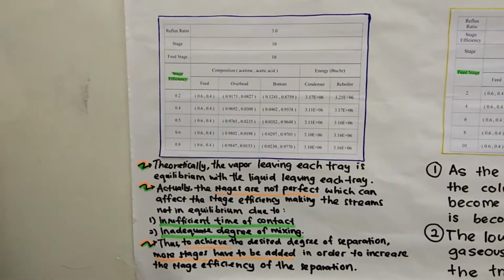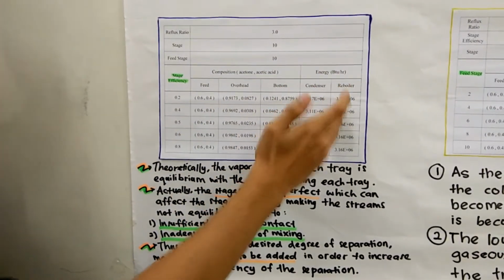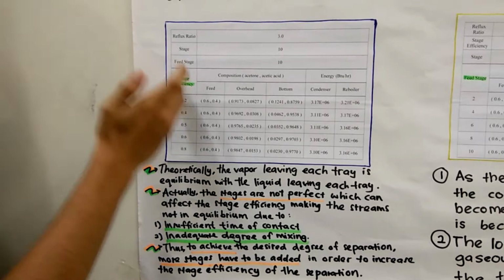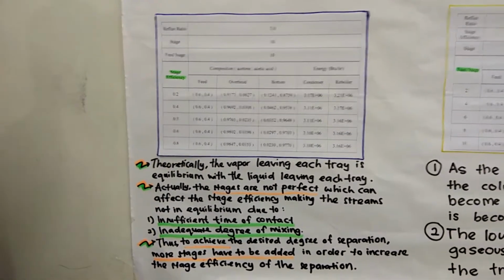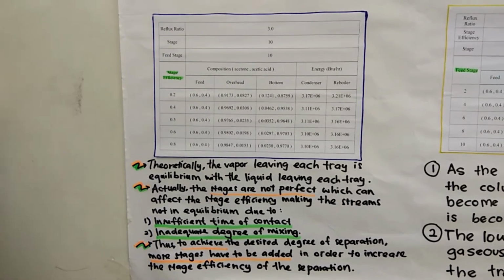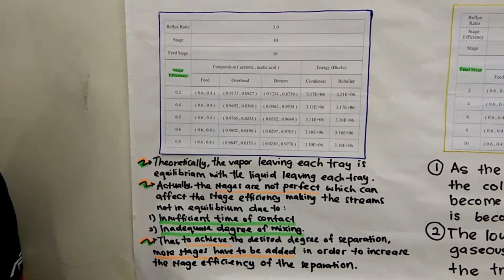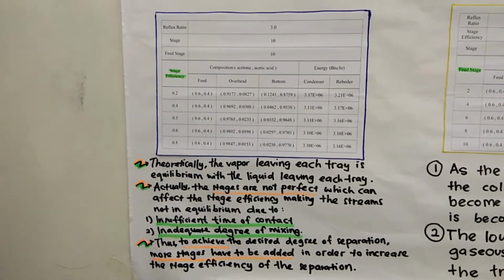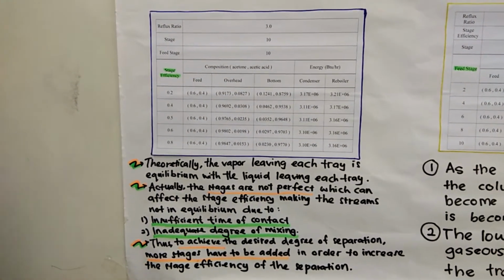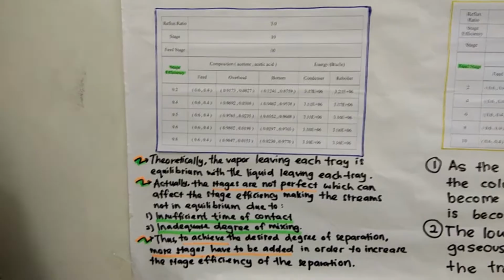The energy of the condenser and the boiler also decreases as we increase the stage efficiency from 0.2 to 0.8. So, to achieve the desired degree of separation, more stages have to be added in order to increase the stage efficiency.